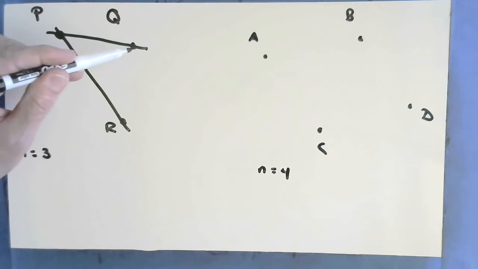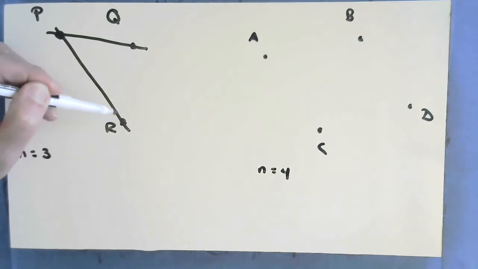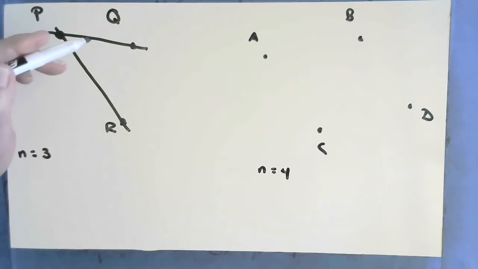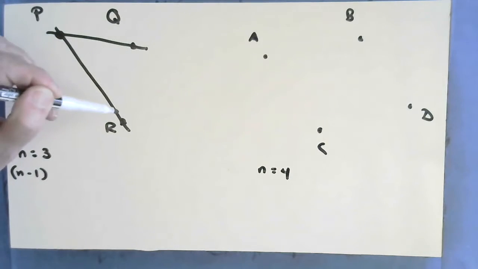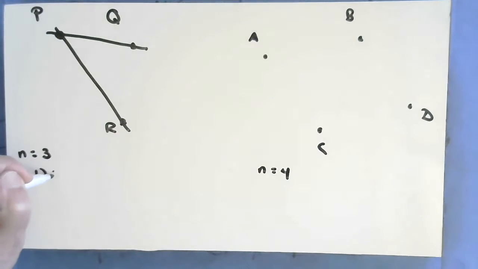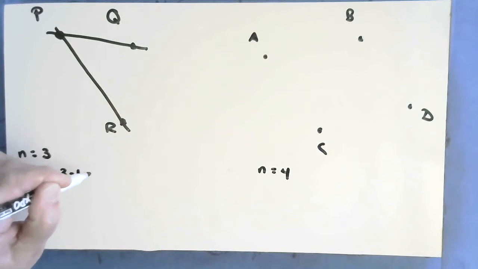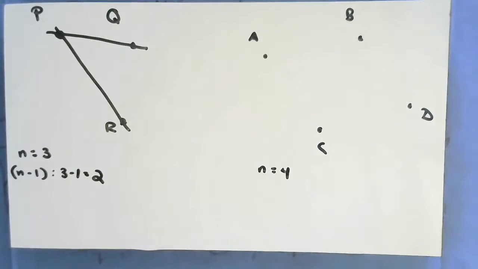So there are n-1 points to connect to. For the first point, I'm going to create n-1 lines, n being the number of points. I subtract 1 because I'm starting with 1, and that leaves me n-1 points to connect to. That's 3 minus 1, which gave me the 2 lines.